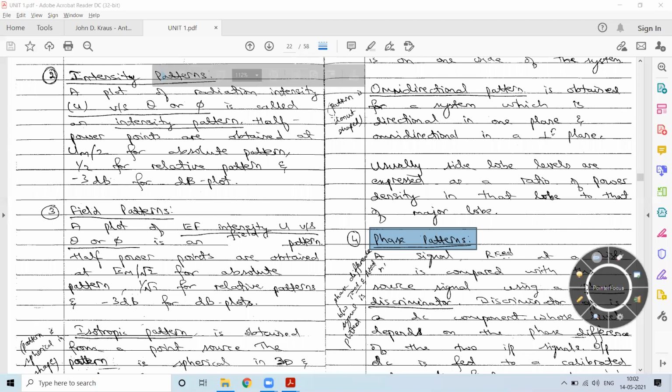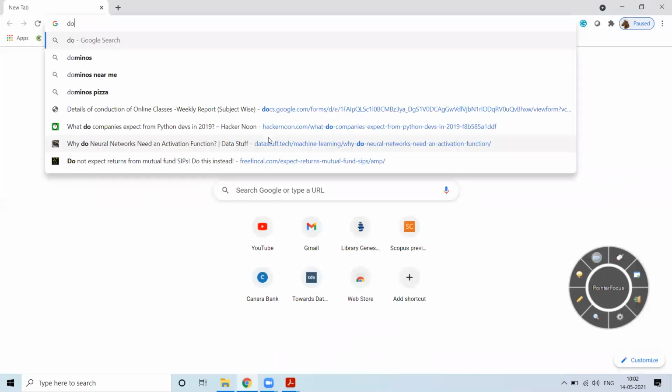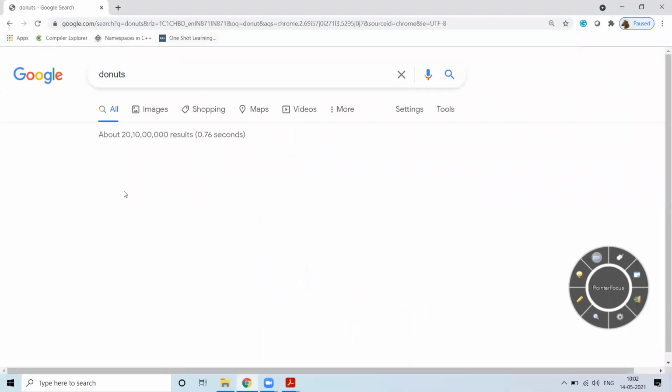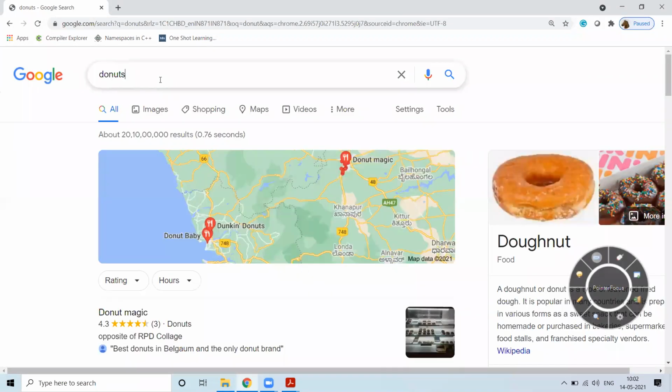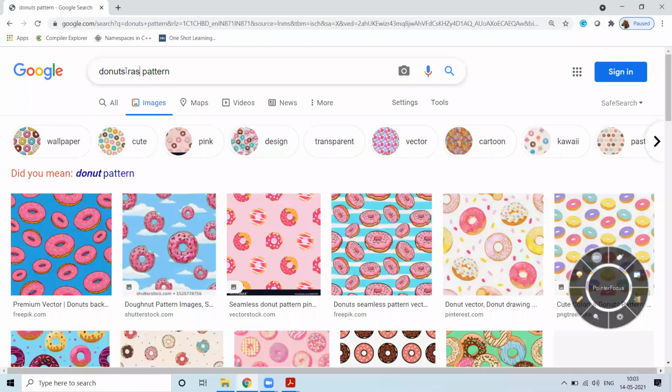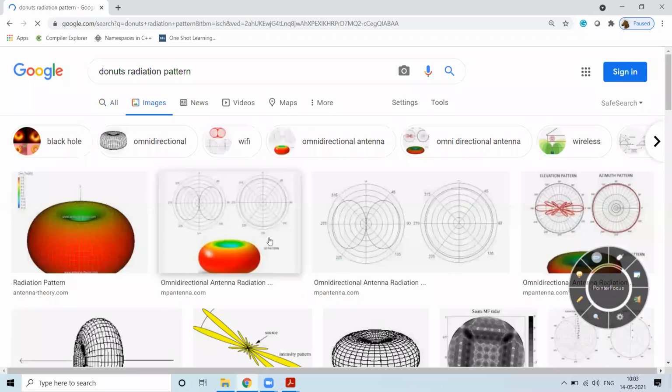That is, if I consider a donut-shaped pattern, this is how it will appear.